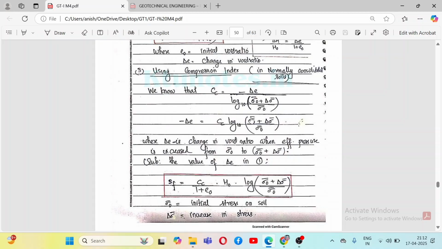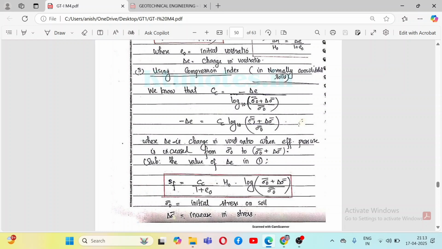Next is using compression index. What is compression index? I have covered it in one of the videos: Cc is given by minus delta e divided by log to the base 10 of (sigma naught dash plus delta sigma dash) divided by sigma naught dash. Sigma naught dash is the initial stress on soil, and delta sigma dash is the increase in stress.